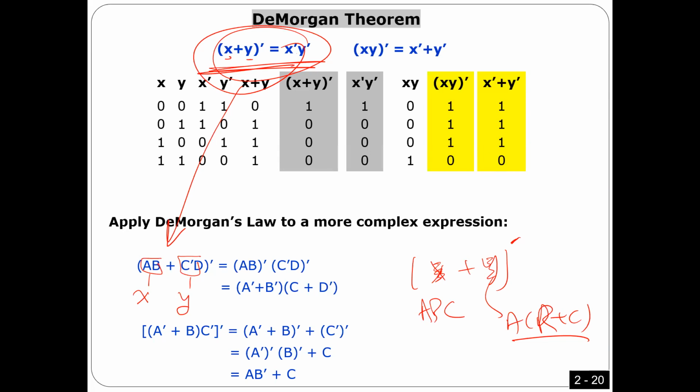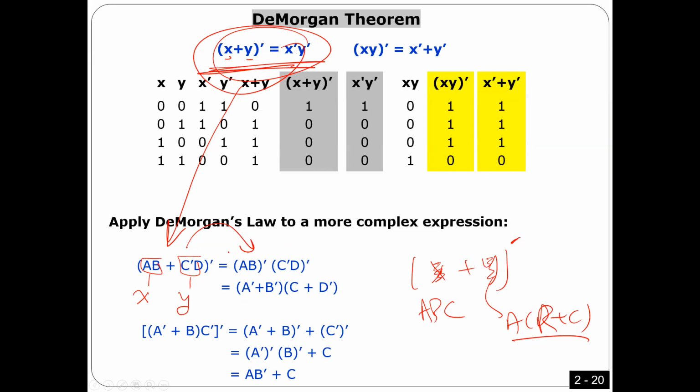This one is similar to this one because I can call this one X and this one Y. So this is like X, and this is like Y. That's it, and then I can continue. What I did here: the first term is inverted, and then the OR becomes AND. The second term is inverted, and then I can apply De Morgan again. So here, this is one time.